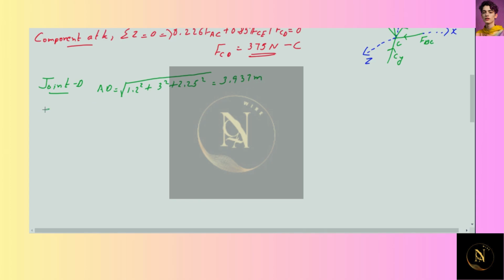Now let's find the vector FAD. It will be the magnitude of FAD divided by the magnitude of AD, that is 3.937, into the vector AD, that will be 1.2i plus 3j plus 2.25k.